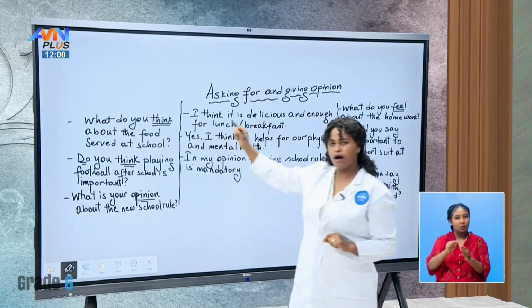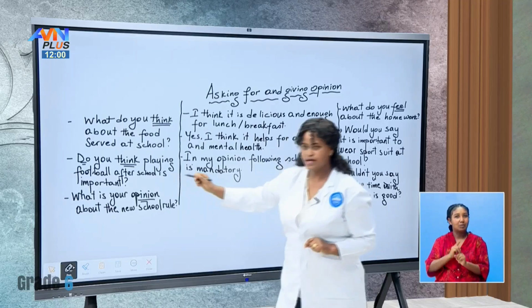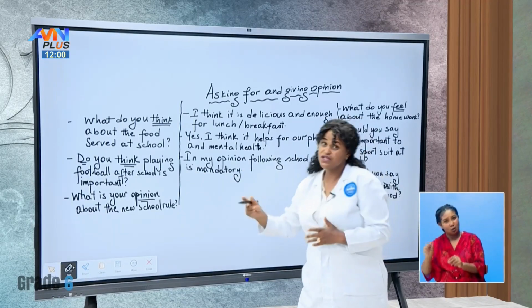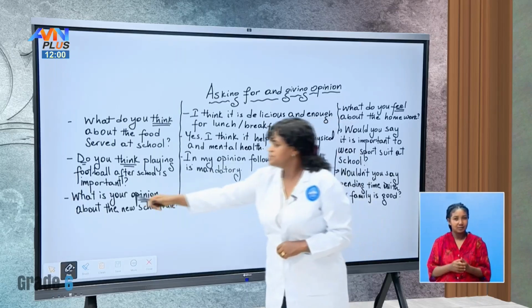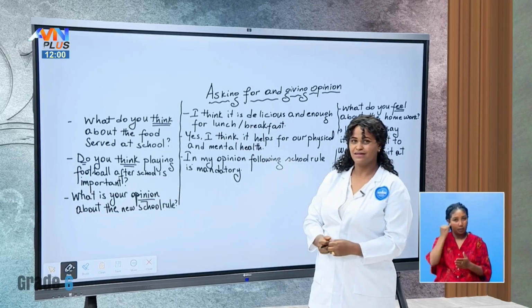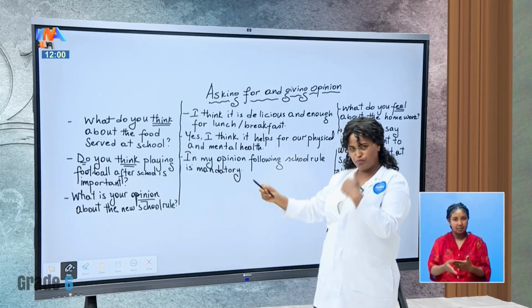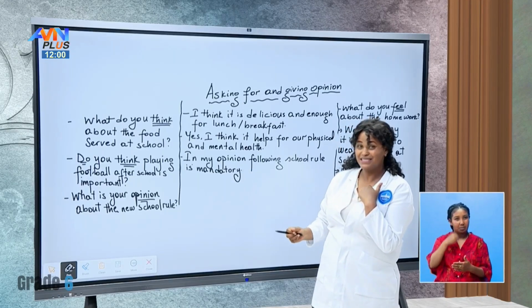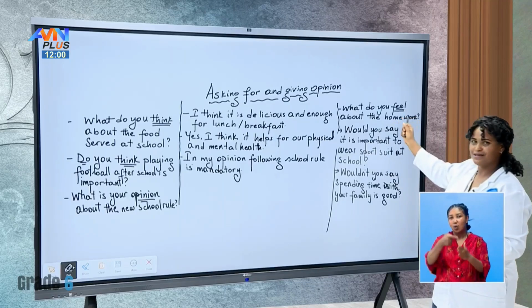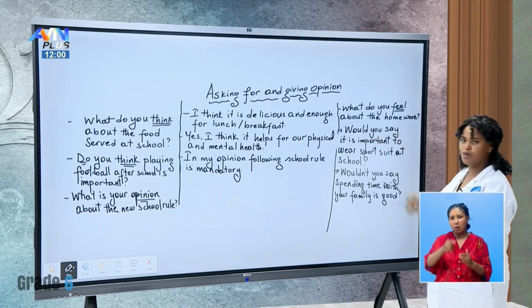What do you think? I think. Do you think? Yes, I think. Or no, I don't think so. Yeah? And what is your opinion? It is for opinion. Then, in my opinion, isn't that good? Okay, how about this one? What do you feel? What do you feel about the homework?